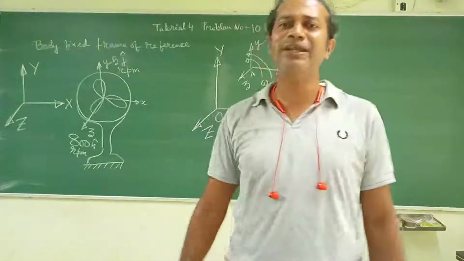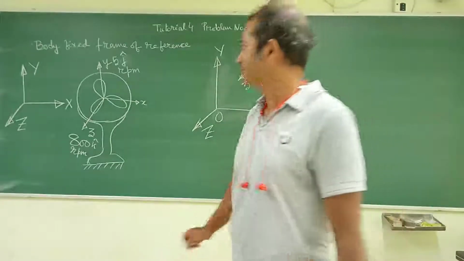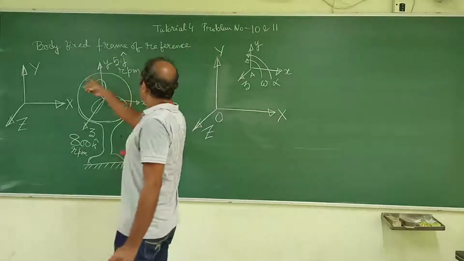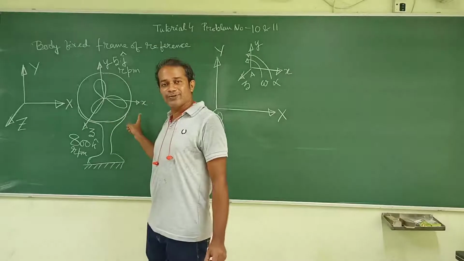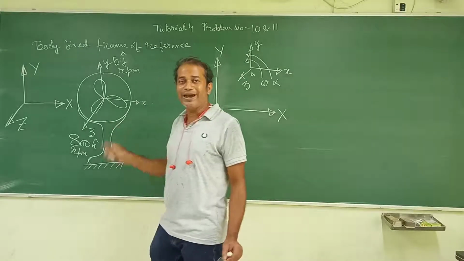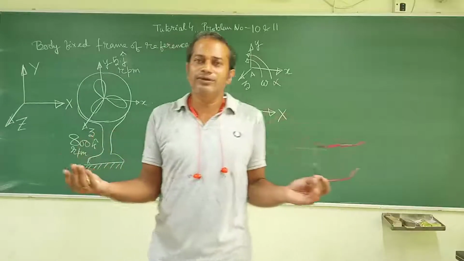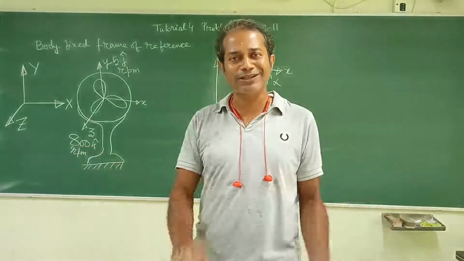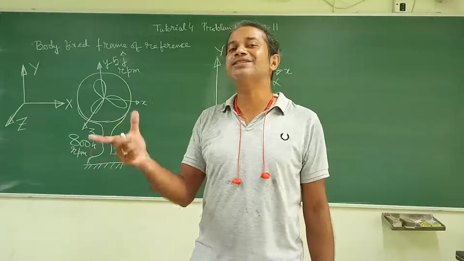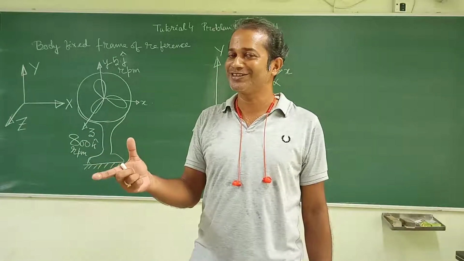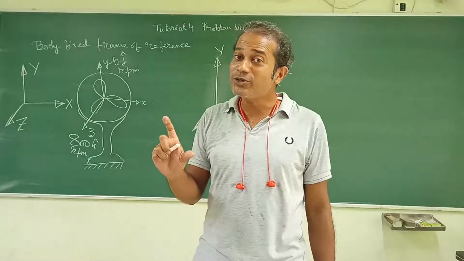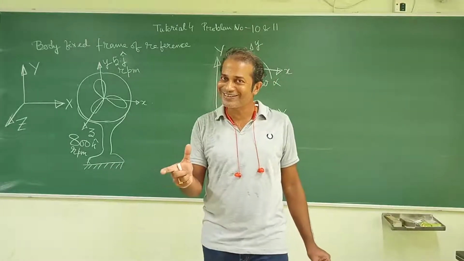What does that mean? It means that at that instant of time they are coincident, in the same direction. But in the next instant they are going to change. How can you measure those changes?